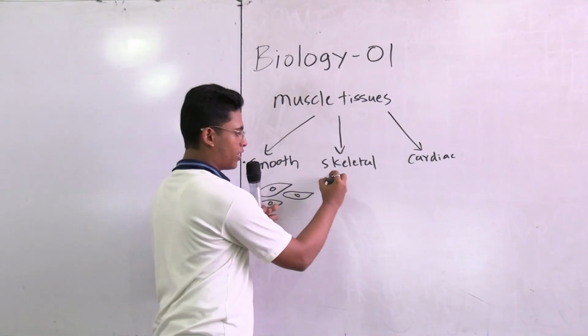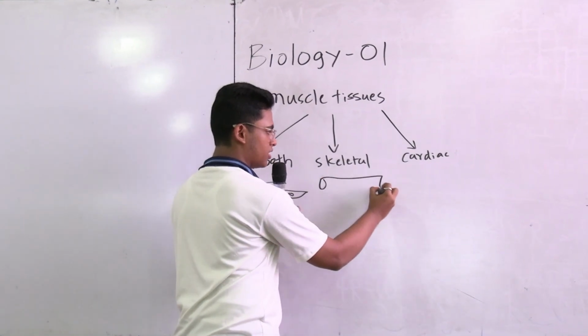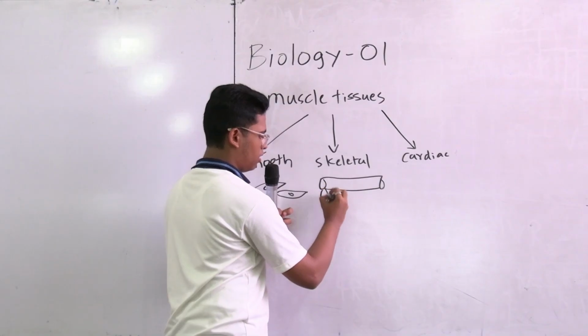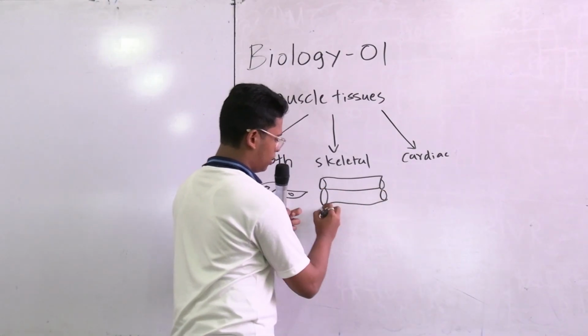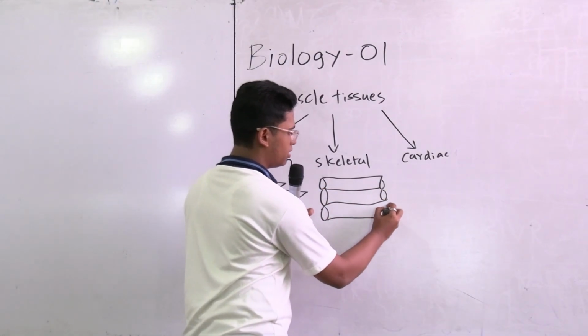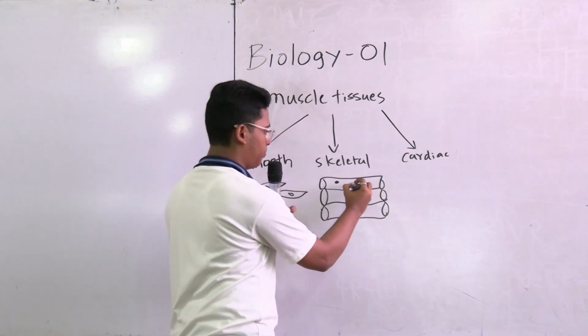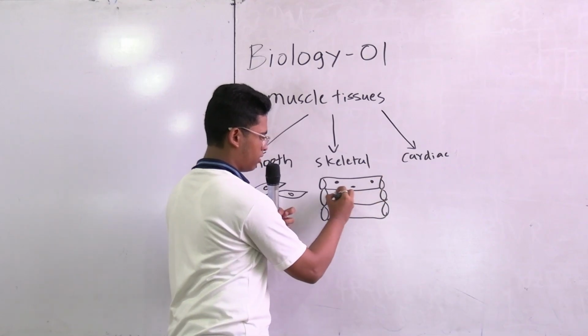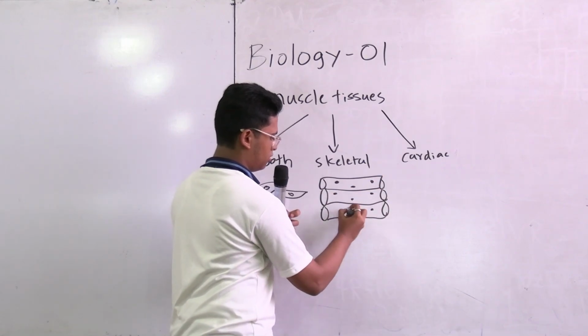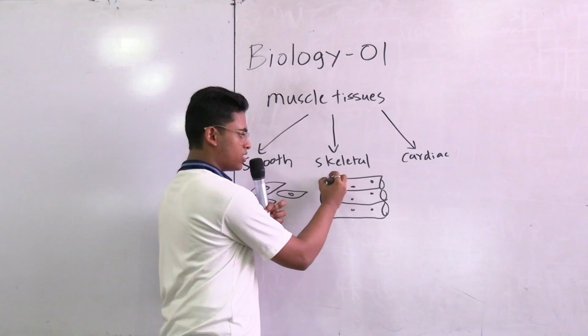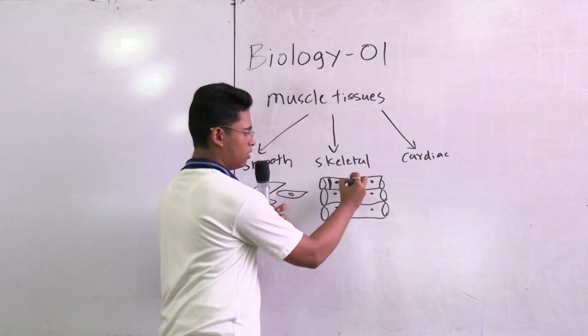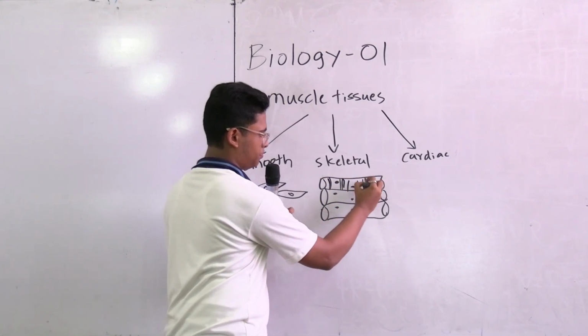And skeletal muscles are what? Long, cylindrical cells. But the unique thing about skeletal muscle cells is that each cell has more than 1 nucleus. And these skeletal muscle cells also have striations.